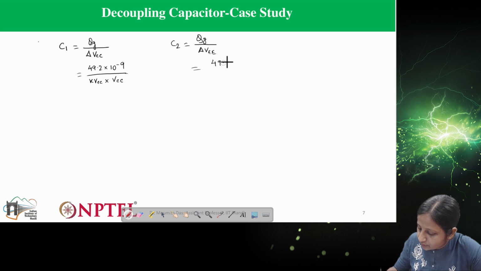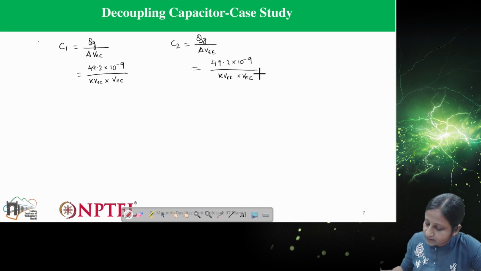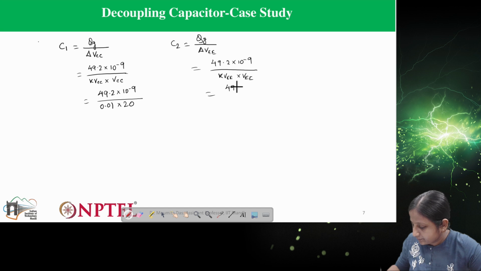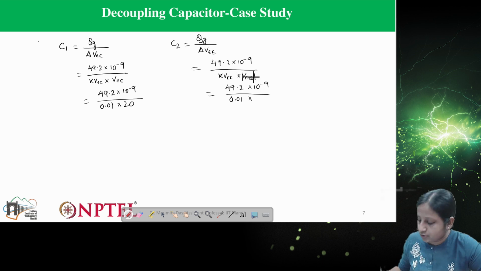Similarly here also we can consider KVEE as 1% of the VEE. Since we have negative voltage here, we can consider only the magnitude.